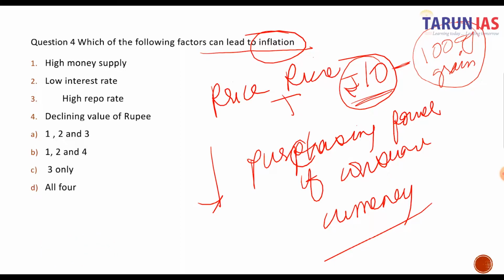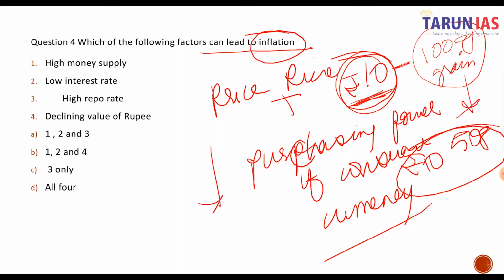Thus, the price of 100 grams of grain has increased. Therefore, if earlier I could buy 100 grams of grain for 10 rupees, now I can buy only 50 grams of grain with 10 rupees. So what has happened? The purchasing power of the rupee has decreased and the price of the commodity has increased.